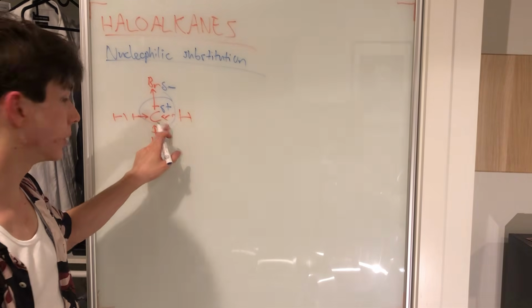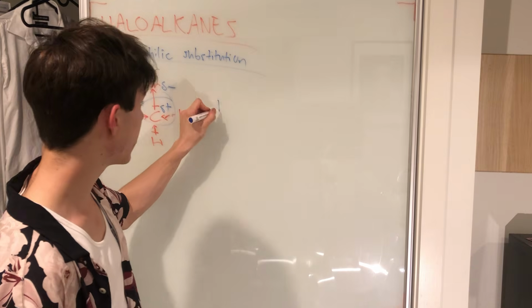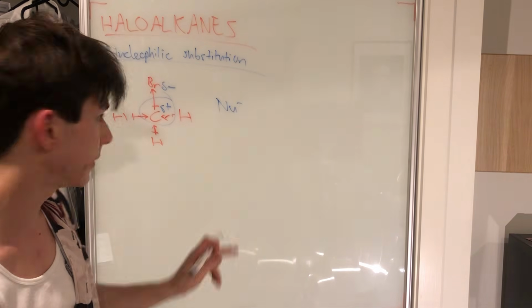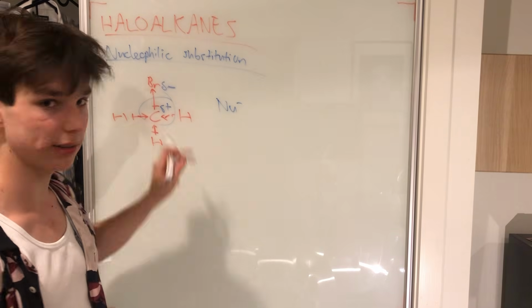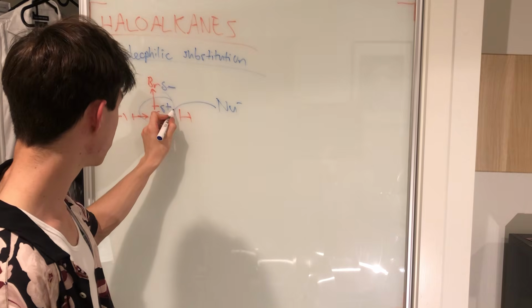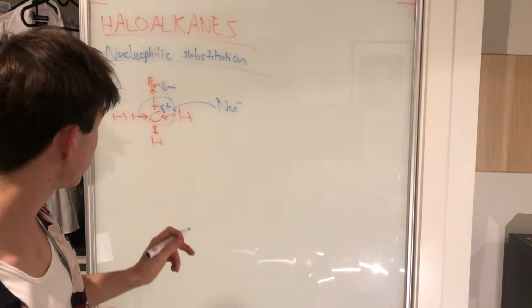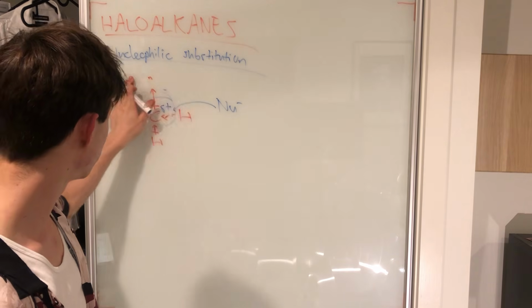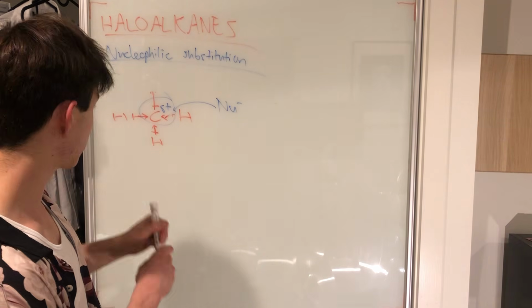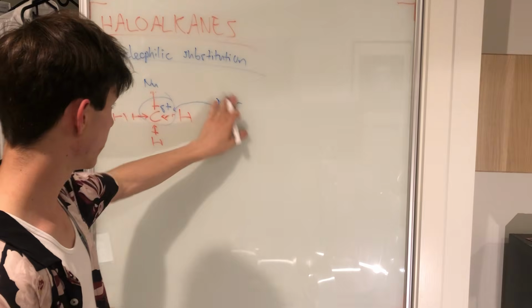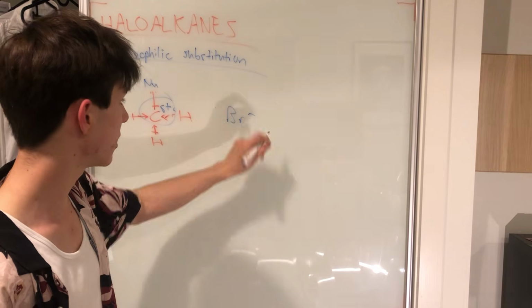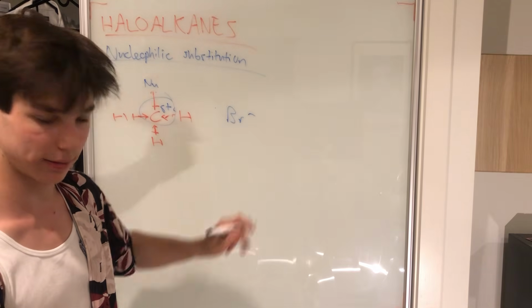So let's just say Nu for now. Let's just put a negative charge on it. It doesn't have to have a negative charge, but it makes sense. Negative attracted to positive, yeah? So this guy likes the carbon atom that's got the partial positive charge so much that he just kicks the bromine out, and now we're going to have Nu up here, and the bromine got kicked out. So it's an ion now, Br minus.